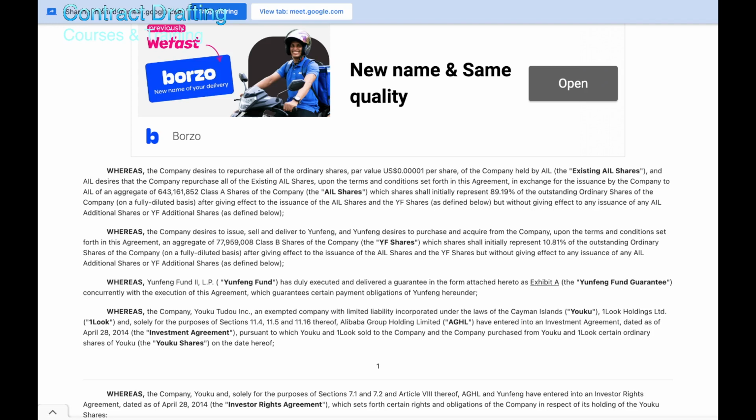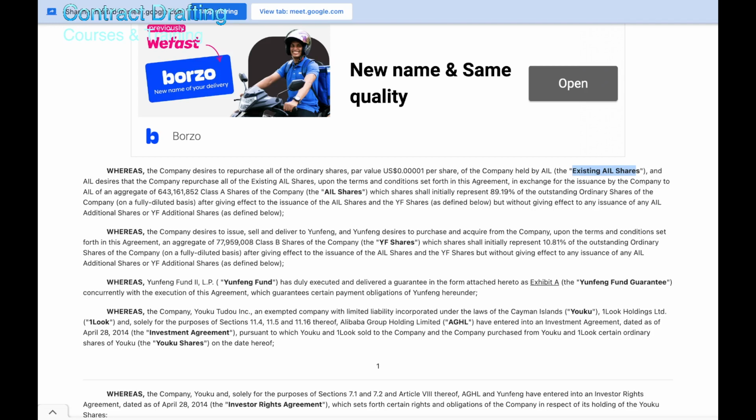So the company wants to buy the shares of the company which AIL owns, the existing AIL shares, and AIL desires that the company repurchase all of the existing AIL shares upon the terms and conditions set forth in this agreement.